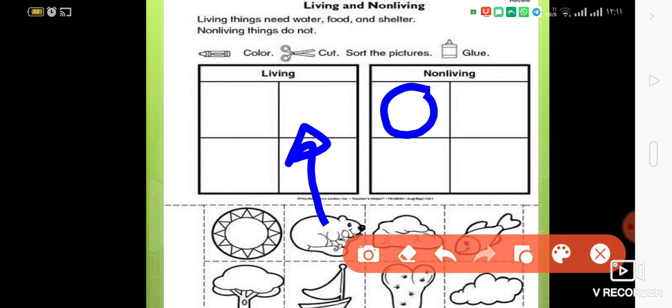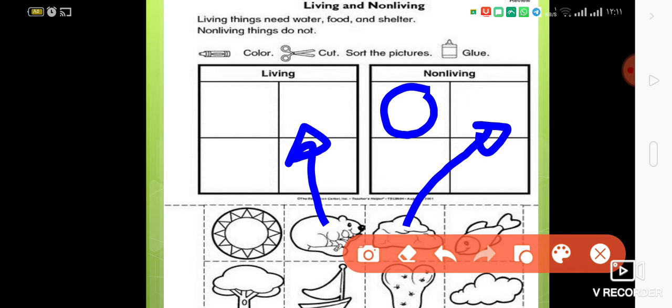Well, the other ones: cloud, fish, potato, ship, and tree. So let's choose one of them. There's a carpet. This carpet is a non-living thing, and the fish is a living thing.